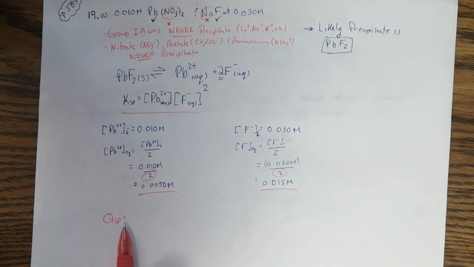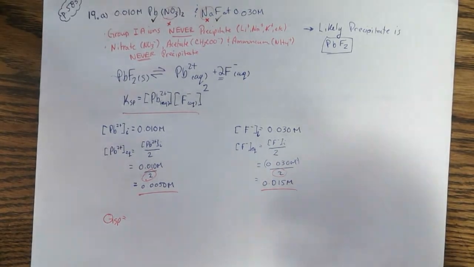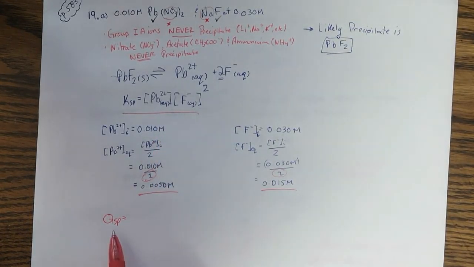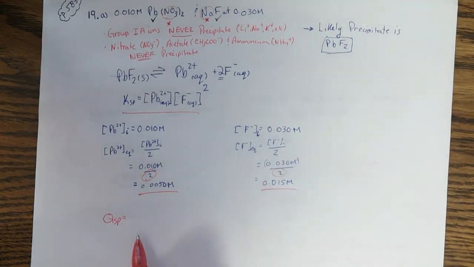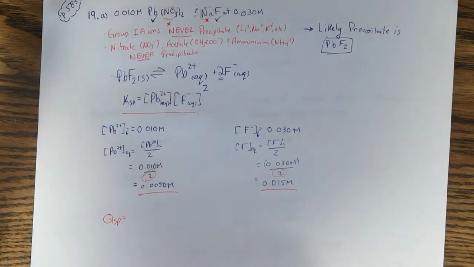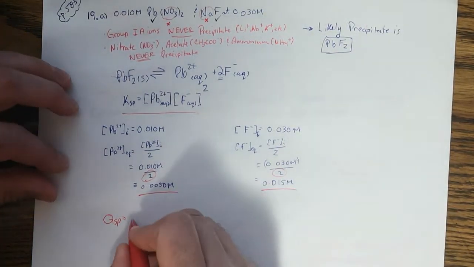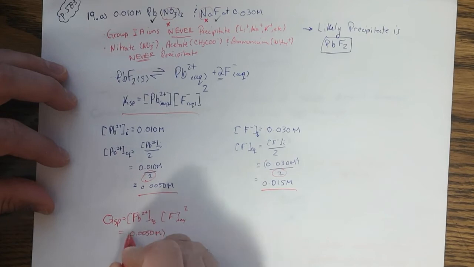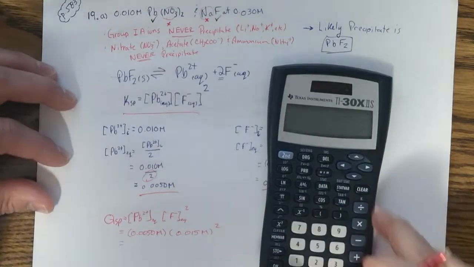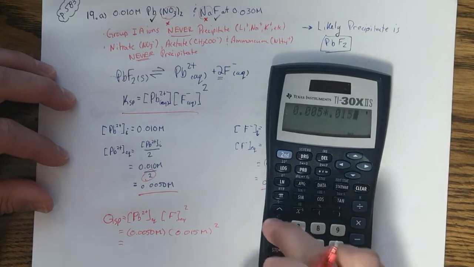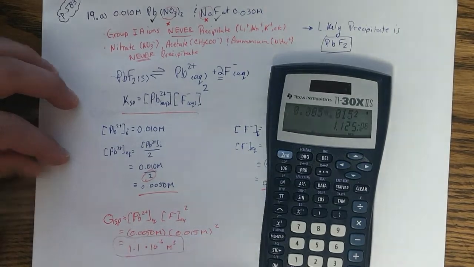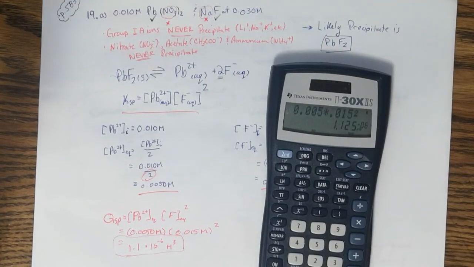If the current state of the system is greater than KSP, when we plug these values in, we've exceeded the solubility limit and a precipitate happens. If we plug these values into our expression and our QSP, our theoretical value, is less than KSP, that means we haven't yet hit the solubility limit and more can enter solution. That means no precipitate forms. All right, let's solve. 1.1 times 10 to the minus 6.